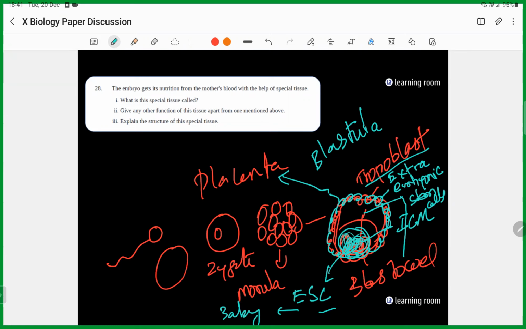Can you understand? Can you repeat that? The trophoblast cells are called what? Extra embryonic stem cells. And the inner cell mass cells are called what?